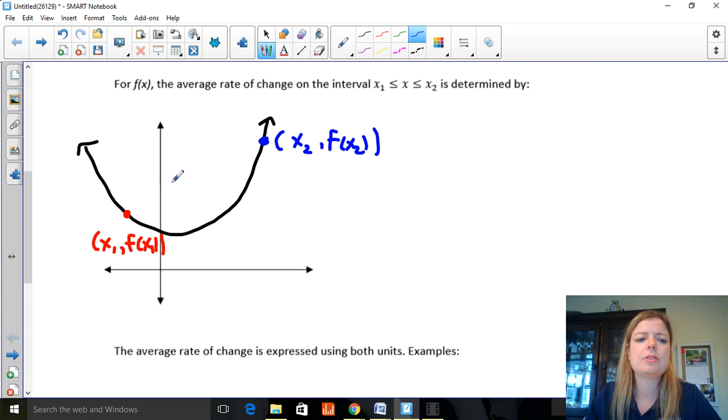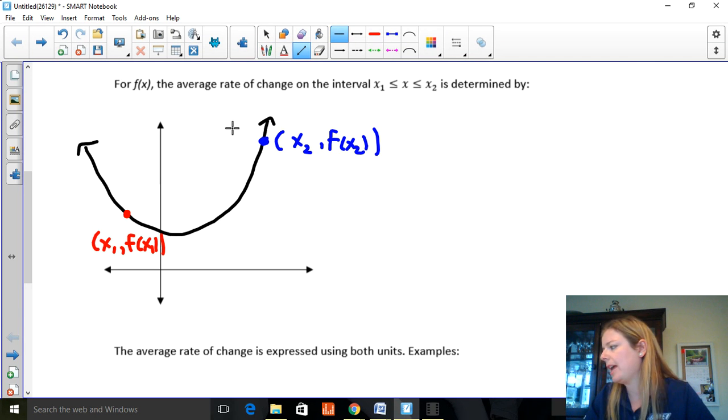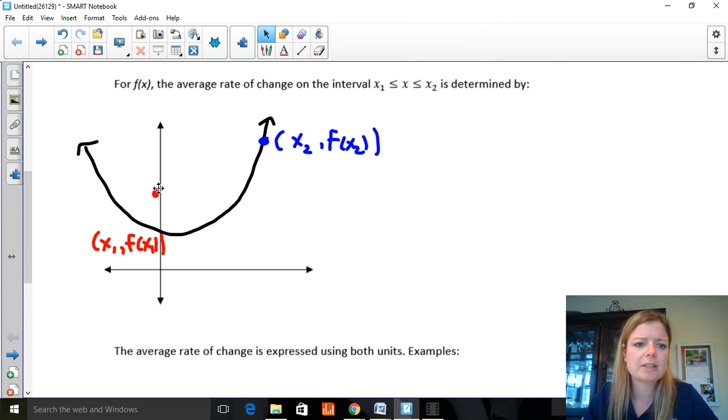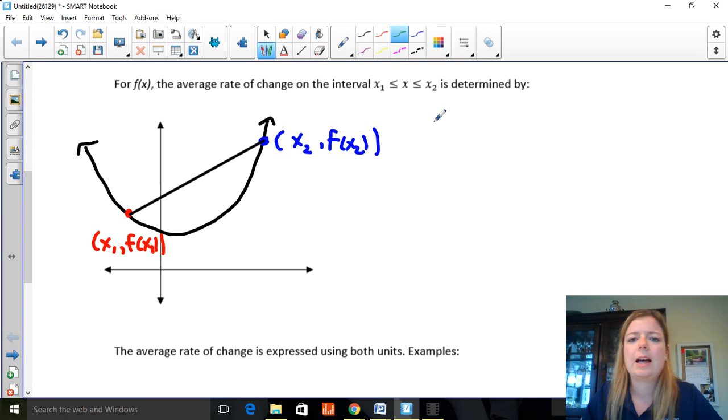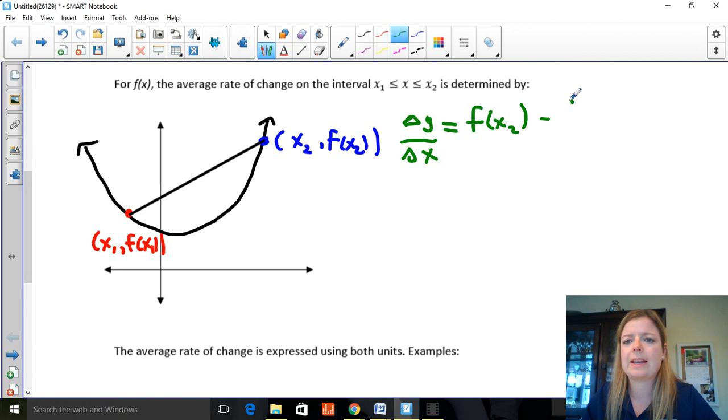So these 2 points represent any 2 points on the parabola, and we can draw a secant between them. Just connect the 2 points. So there we go. So delta y, the change in y, divided by the change in x, is equal to f at x2 minus f at x1.